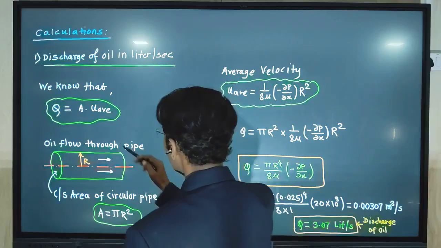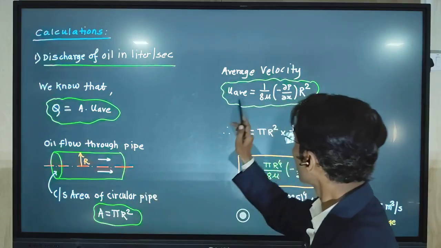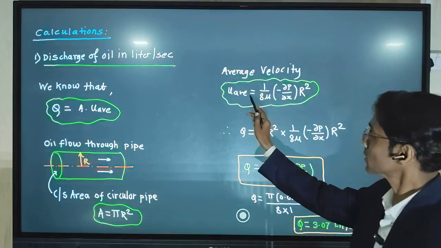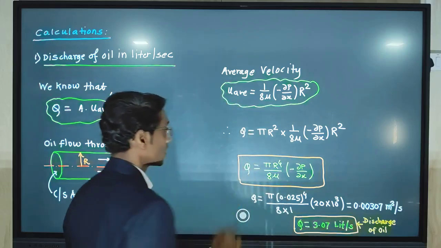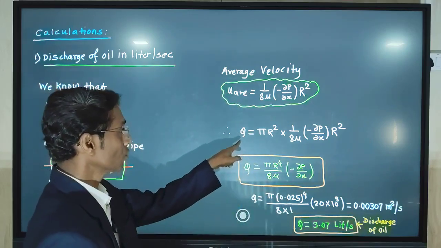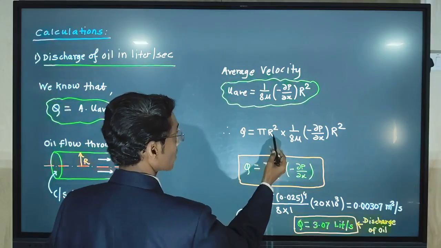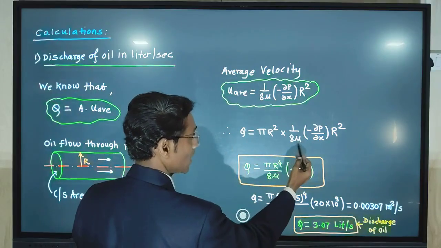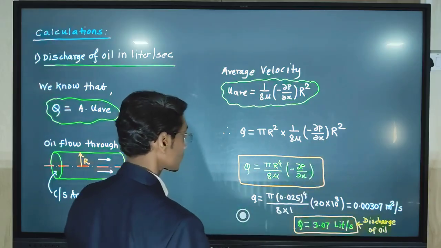So now we substitute the expression for area and average velocity in this formula. Thus we get discharge Q is equal to A means pi R square, U average means 1 upon 8 mu into pressure gradient into R square.